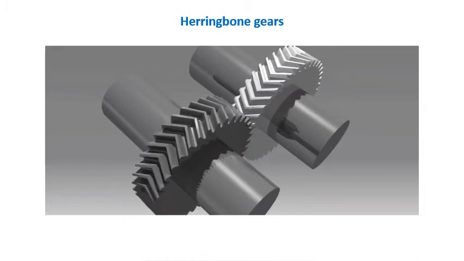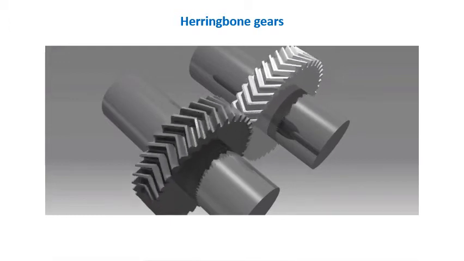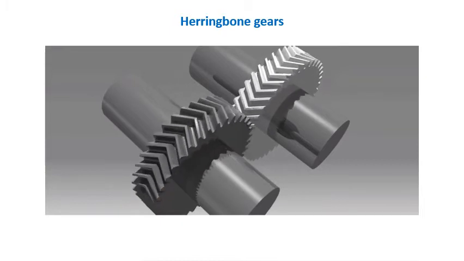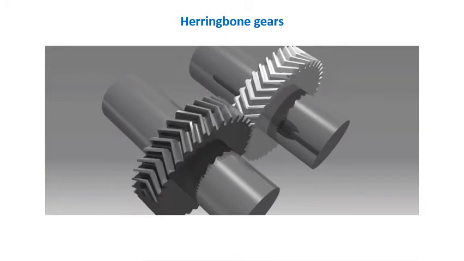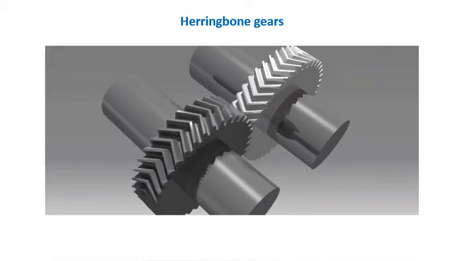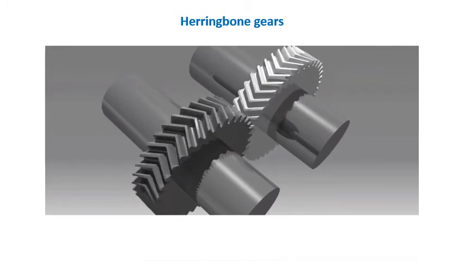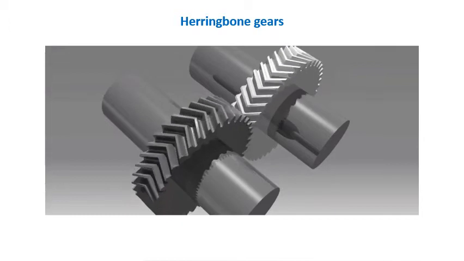When it comes to limitations or disadvantages, it is difficult to manufacture because we have a combination of two helical gears, and these are more expensive than the spur and helical gears. Machining of teeth of these gears is very difficult, so we need special attention and a special type of cutter.